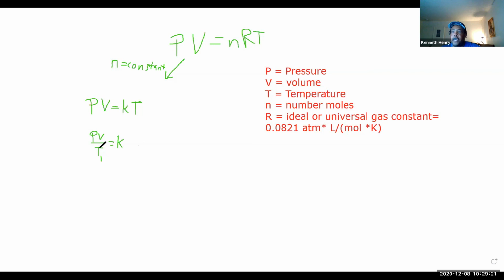So if I say I have one pressure, one temperature, and I have another pressure and another temperature, I'm able to calculate the volume that's going to be changing. So I get this equation when moles are constant: PV over T, P1 V1 over T1 is equal to P2 V2 over T2.